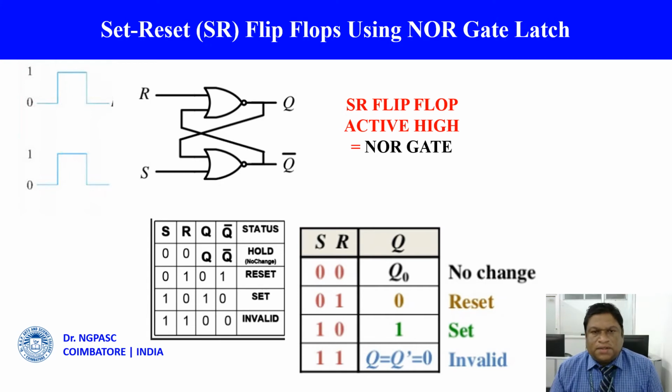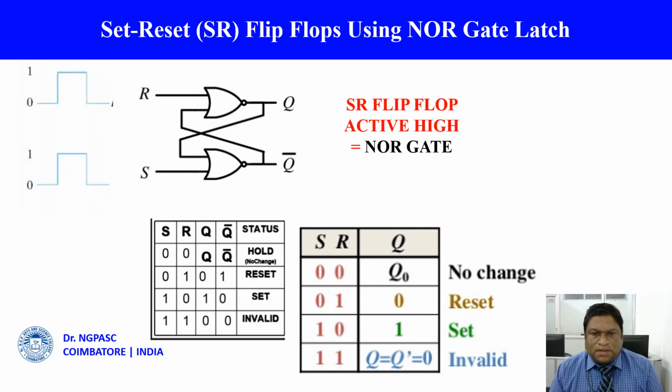Here you can see that the first NOR gate is connected with the reset input R, and the output Q is connected to the input of the second NOR gate, and the set input is given to the second NOR gate. The output of the second NOR gate, Q bar, is taken into the input of the first NOR gate.